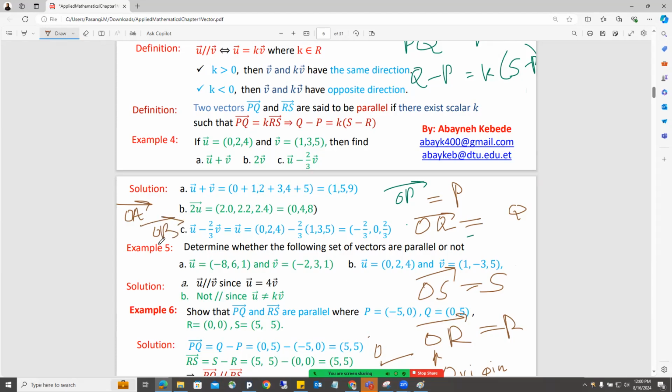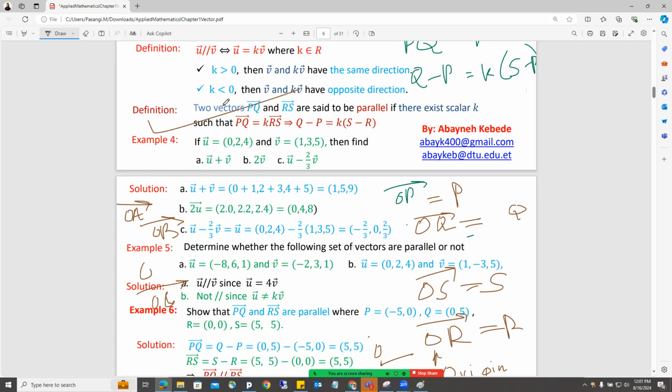Position vector of A means we need to give the vector OA, position vector of B means vector OB, and position vector of C means OC. Is it clear? Okay, that's how it works. Up to this point we have done.